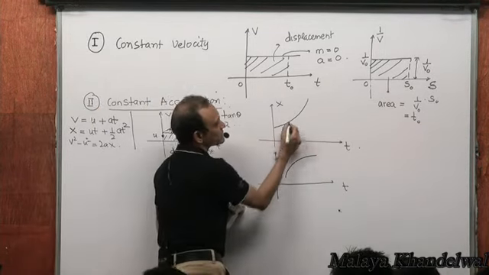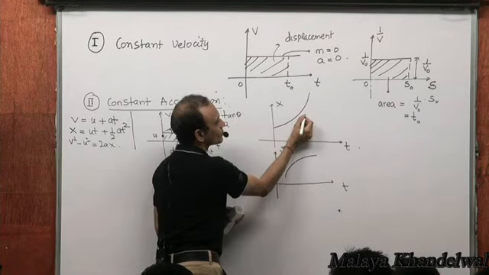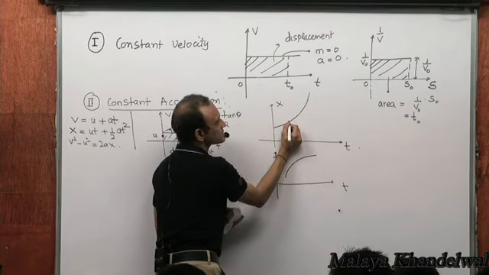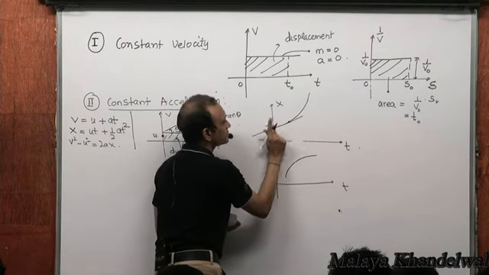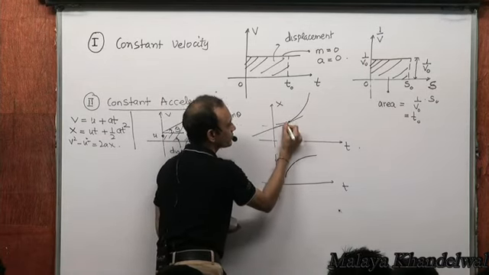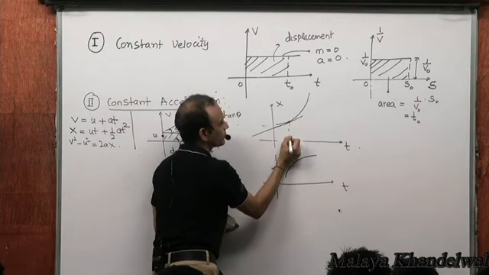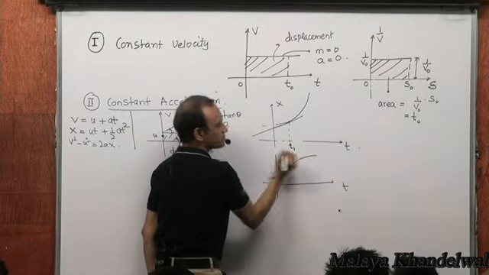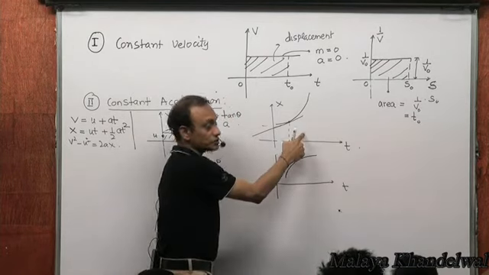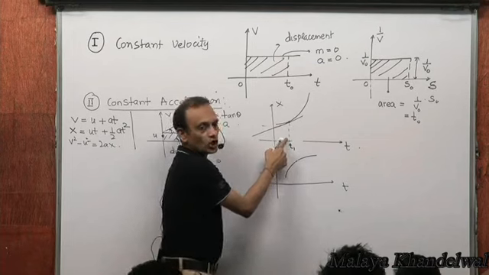See, in this case, if at this instant of time I draw a tangent, this is the tangent at this instant of time, at t1. The slope of this tangent will give me the velocity at t1.